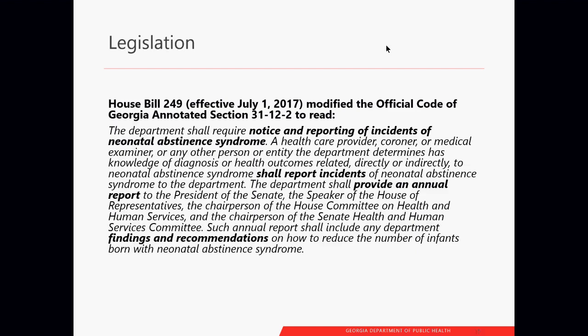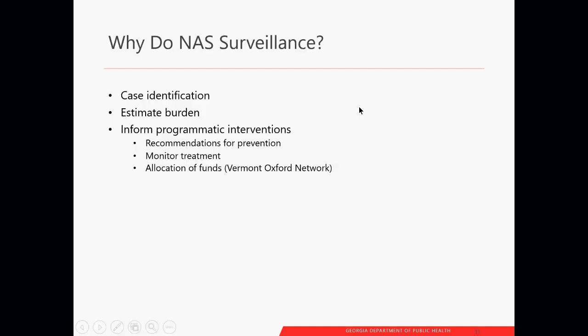So why do we want to do NAS surveillance? In addition to it being the law, we are trying to identify cases so that we can estimate the burden of NAS in Georgia.